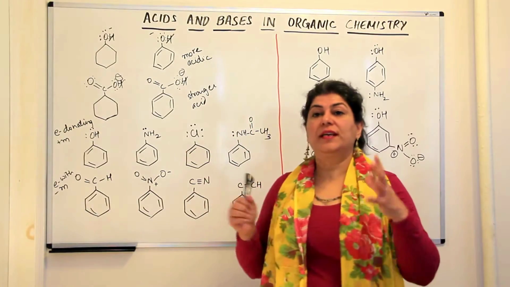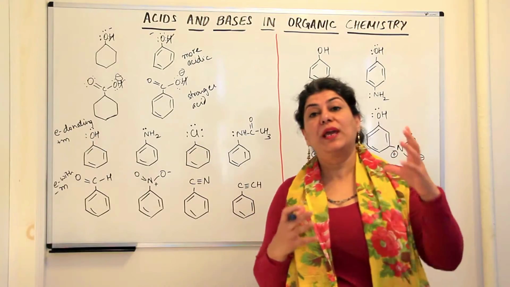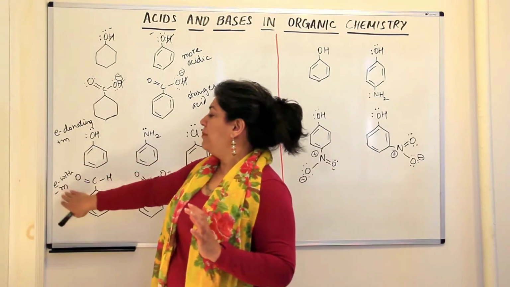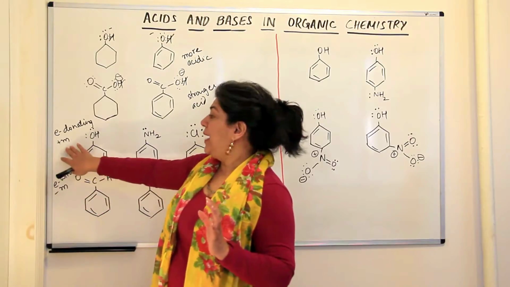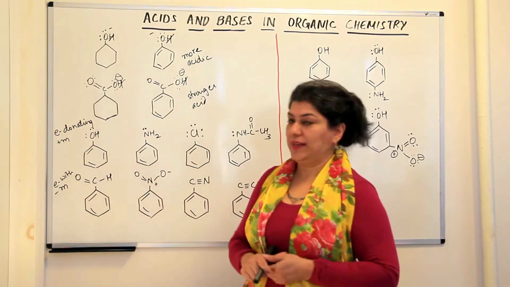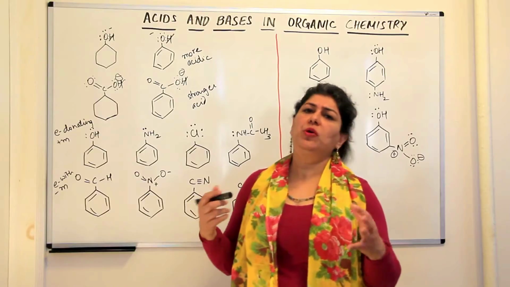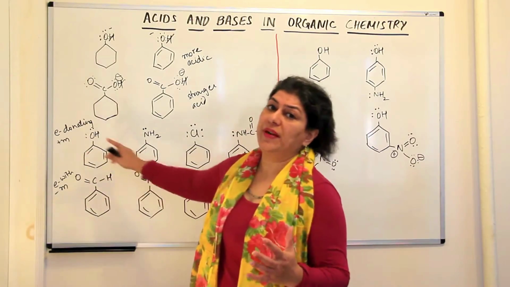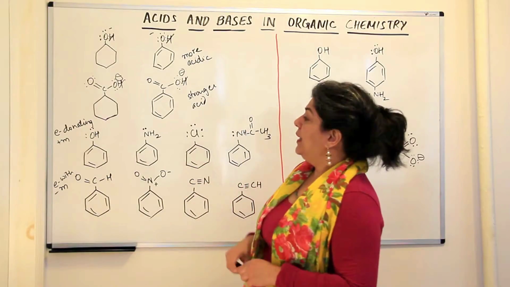Now there is another thing that we must keep in mind when we are looking at acidity. This is known as the plus M or minus M effect. M stands for the mesomeric effect. It's again about electron withdrawing or electron donating groups and how they affect the resonance of a benzene ring.